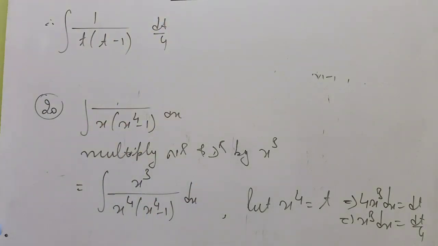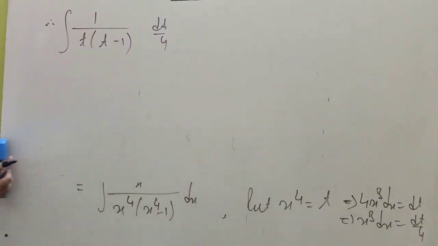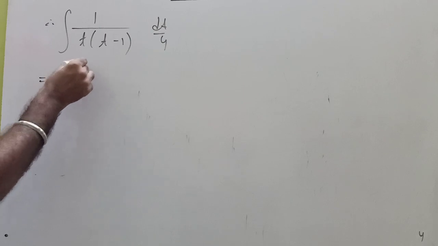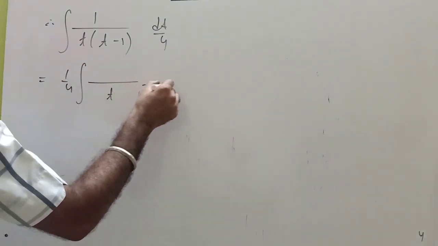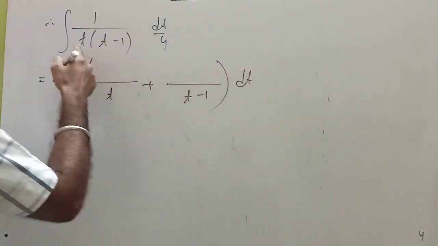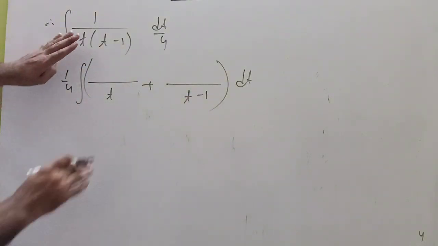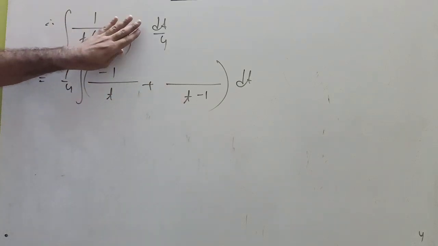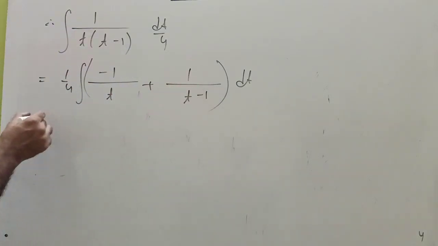Now make partial fraction of the first type, first case, linear and different factors. 1 by 4 constant, separate t and t minus 1. So from the first bracket t is 0. Put t is equal to 0, minus 1. Then put t is equal to 1. Except this. Answer is 1.